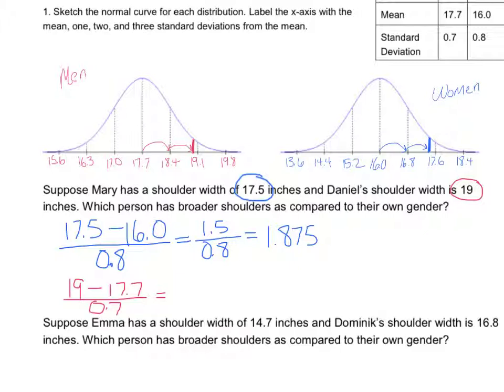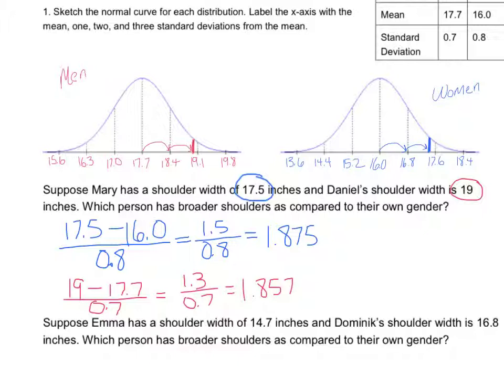When we subtract that first, we have 1.3. Divide that by 0.7, we're going to get a really squirrely decimal here. And what we get is 1.857.